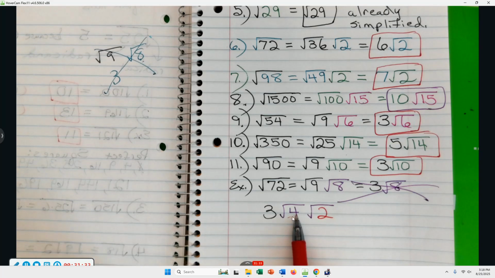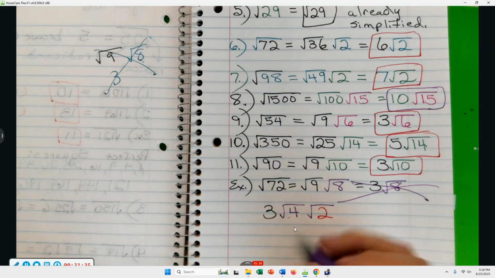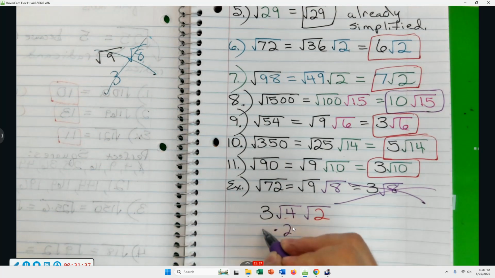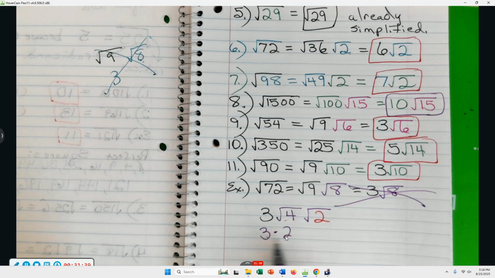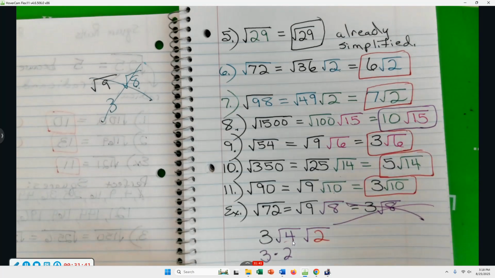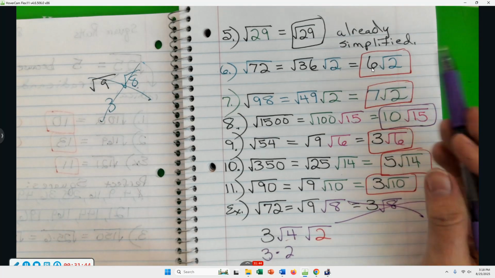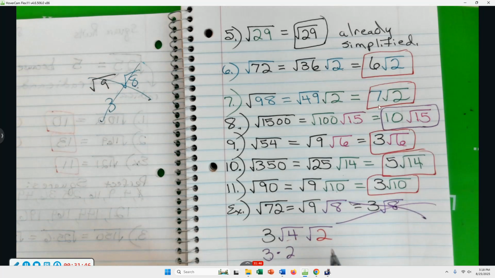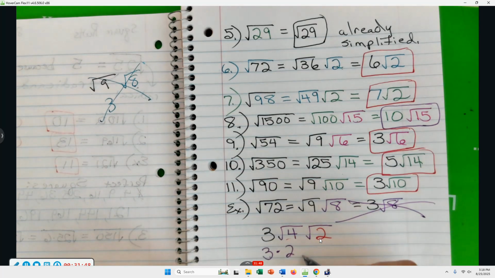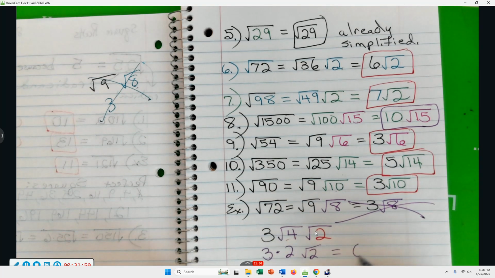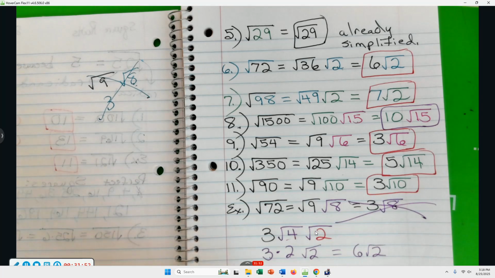The square root of 4 is 2, times 3 gives us the 6. What number do we have left under the radical now? The 2. So you'll still get the correct answer, but you might have to simplify twice.